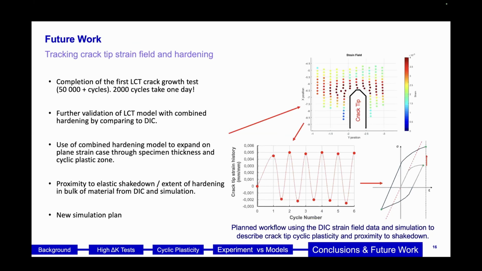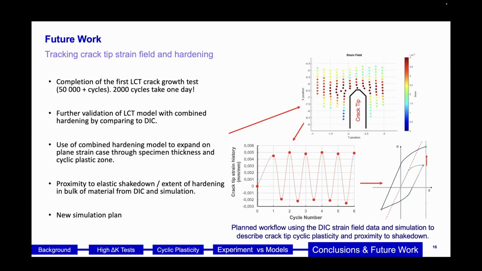So in terms of future work, I'm going to keep going on this fatigue crack growth test, and revise the model to get a better fit with the DIC data so that we can really use this to have a valid model to then predict what's happening inside of the specimen. I'm going to use this new combined hardening model with the DIC strain data to reproduce strain history and see how close we are to elastic shakedown and how hardened this material has actually gotten.